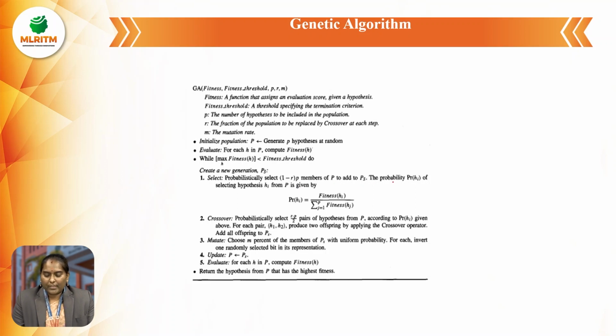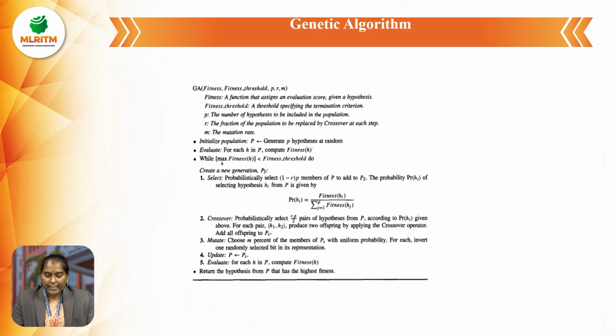The probability Pr(hi) of selecting hypothesis hi from P is given by Pr(hi) equal to fitness of hi divided by the sum over j equal to 1 to p of fitness of hj. Second one, crossover: probabilistically select (r times p) by 2 pairs of hypotheses from P according to Pr(hi) given above.